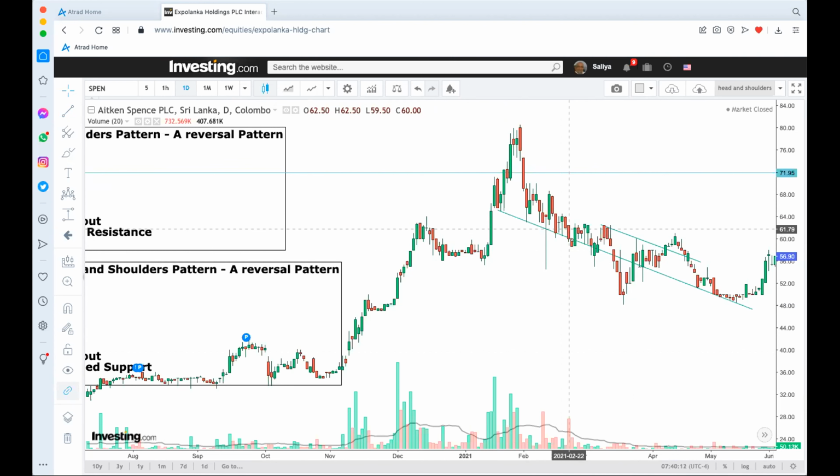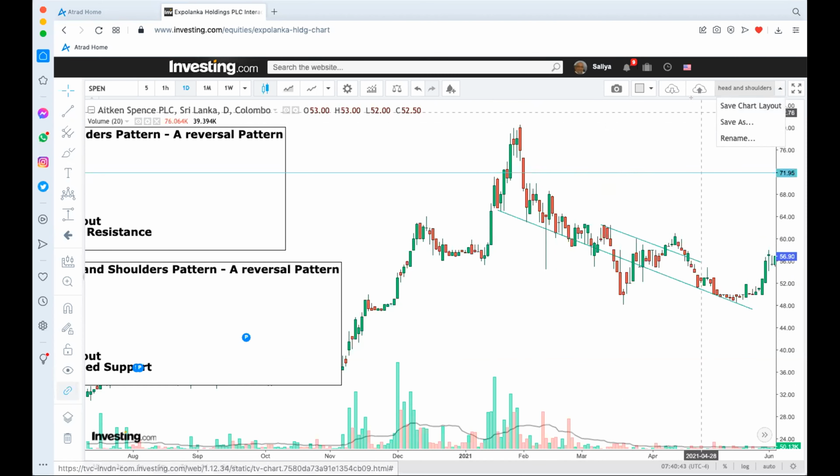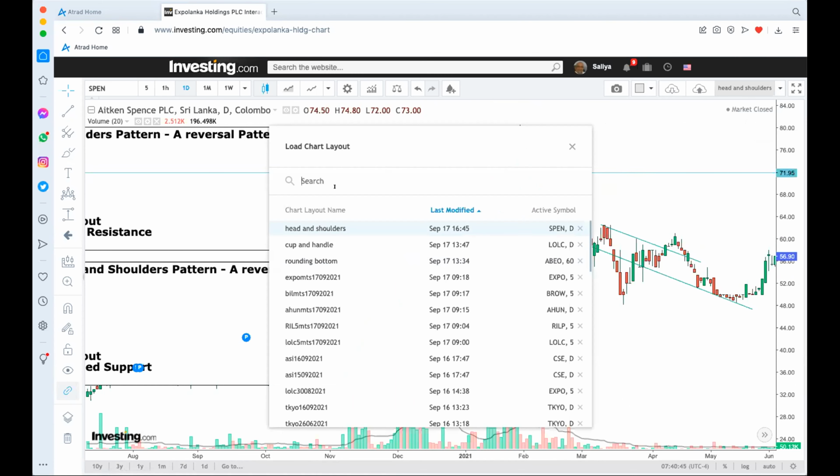You don't need to worry about drawing the shoulders, because if you spot those, these are the levels where the head and the shoulders will come. So you need to practice the projected area so that you will be able to make use of it more productively.